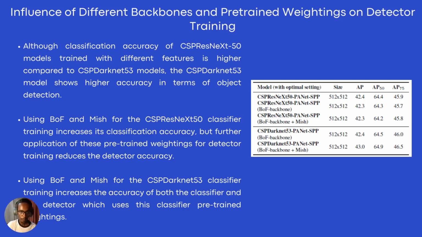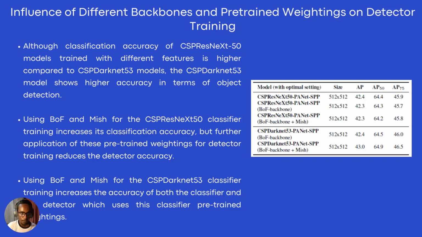We have mentioned previously, when we compare between the CSP ResNeXt50 and CSPDarknet53 to be selected as a backbone, we said that the CSP ResNeXt50 had the highest accuracy in terms of classification, and the CSPDarknet53 was better in terms of object detection.